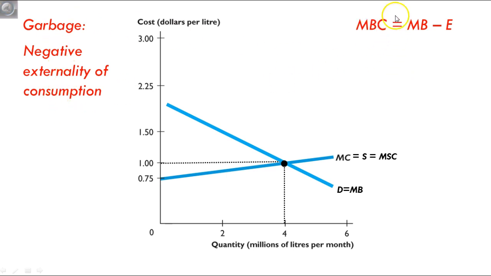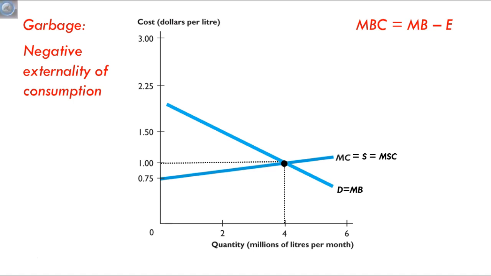So the marginal social benefit, which is made up of the marginal private benefit reflected by the demand for milk, has to have deducted from it the negative external effect due to the dumping of garbage, so milk cartons being just thrown out on the street or in the parks.